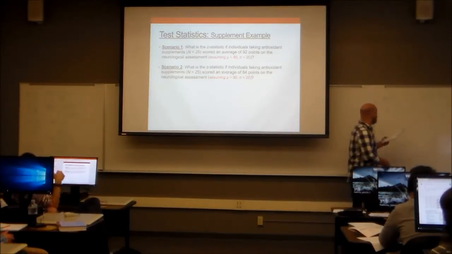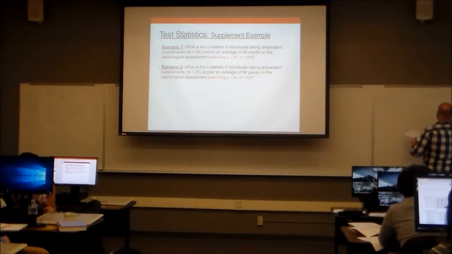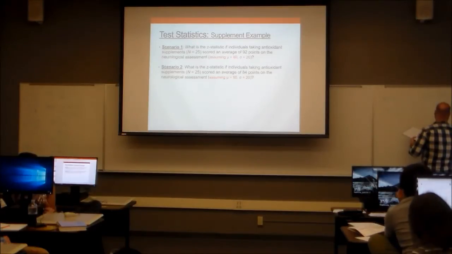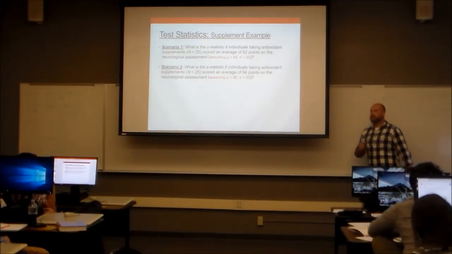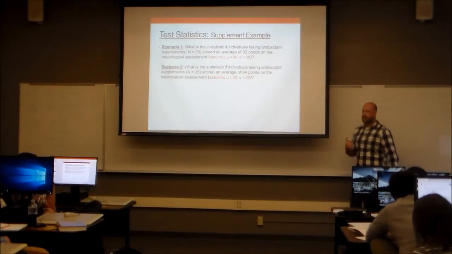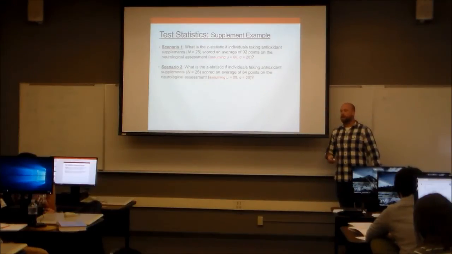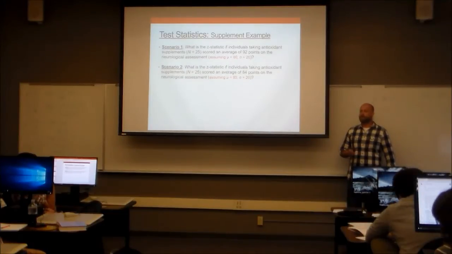Okay. We calculate our effect size here. Here we've got 84 minus 80 over 20, which gives us a d of 0.2, right? So we would say our individuals who are taking antioxidant supplements are scoring about 0.2 of a standard deviation above the memory score expected from the population of older adults in general.